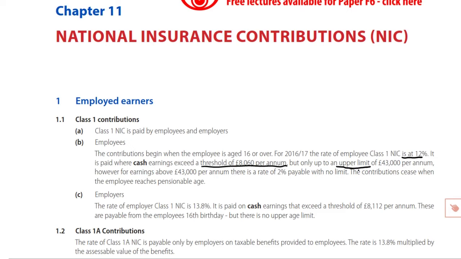If you've got employment income in excess of 43,000 per annum, then on that excess the rate falls to 2% with no upper limit. 2% on the excess above £43,000. Contributions will then cease when the employee reaches pensionable age.